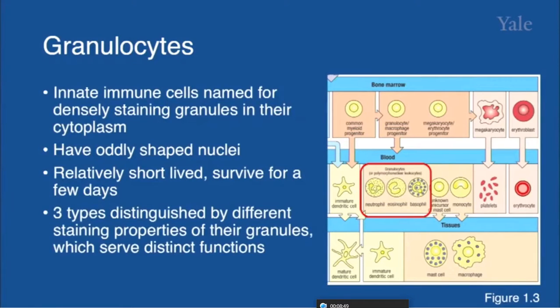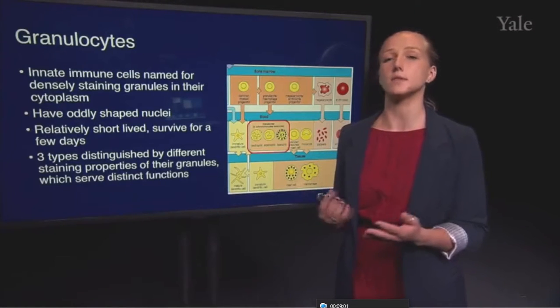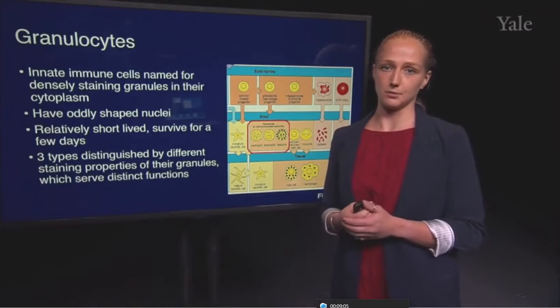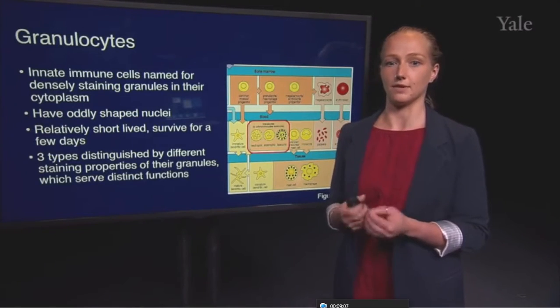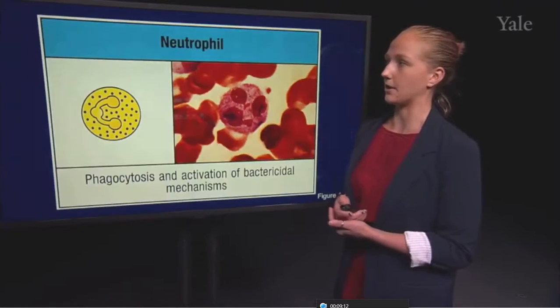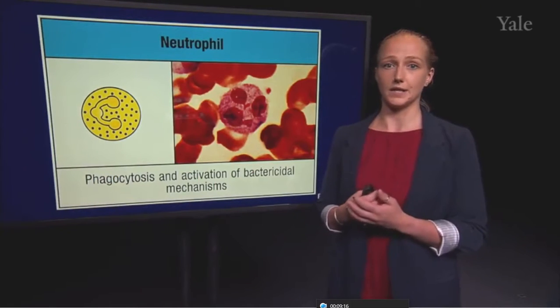And there are three major types of these that are specifically distinguished by different staining patterns of their granules, and they serve distinct functions. Now again, I want to emphasize that we'll be going through very broad properties of these three different cell types, and in future lectures on the innate immune system, we'll be delving more into their specific functions. Our first cell that we're going to briefly talk about is our neutrophil. So a neutrophil is a phagocytic innate immune cell.